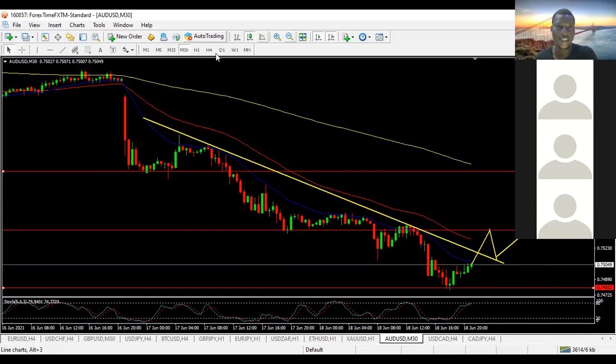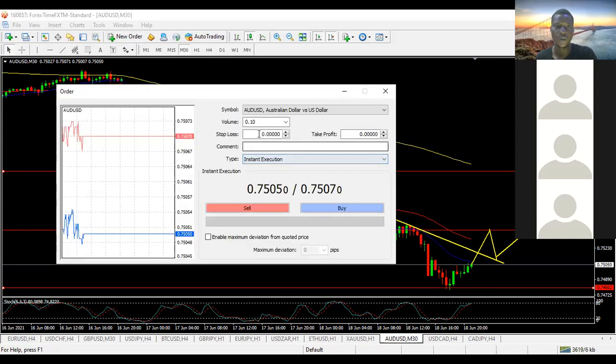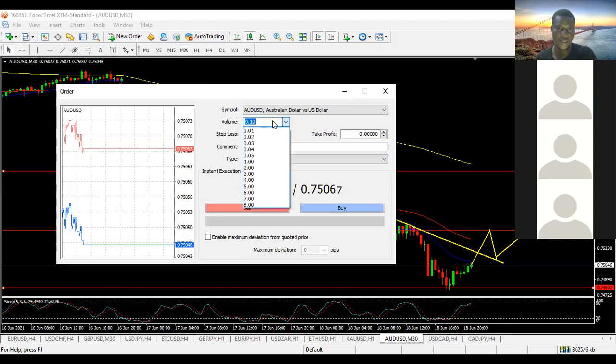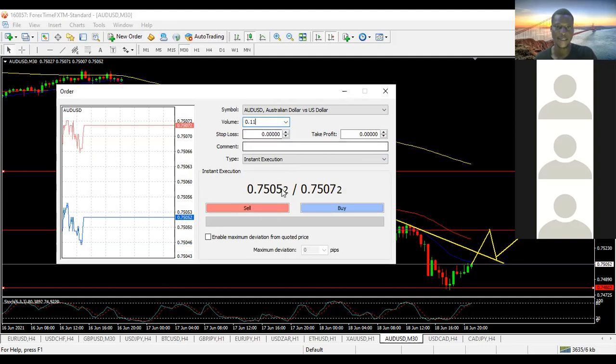So if you want to enter the trade now, you pick your stop loss. Your entry now is going to be your lot size, which is the volume. You've calculated it already because you are risking $50. So you put 0.11.